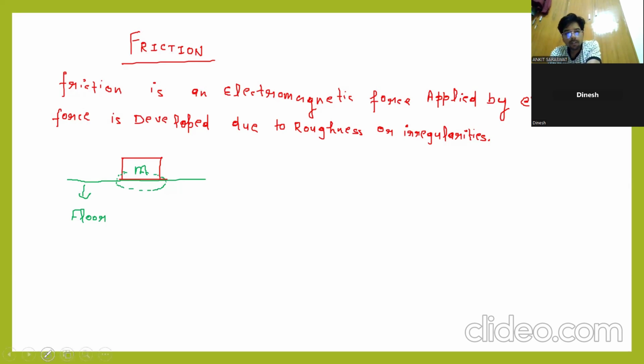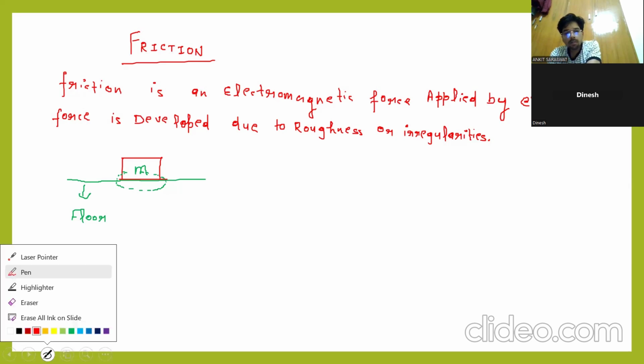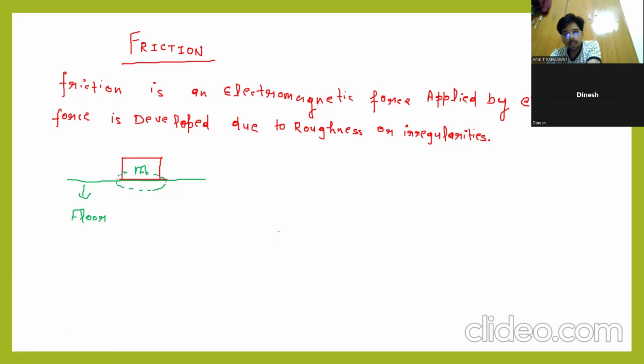But if you look through an electron microscope, on this contact surface there are some irregularities like this, on the floor.